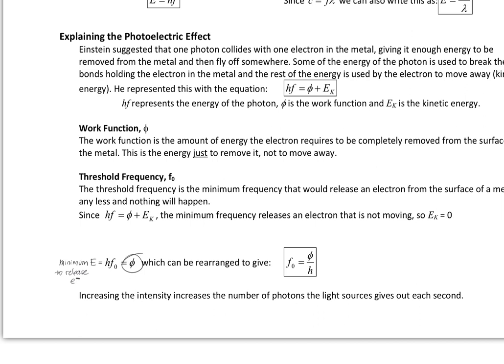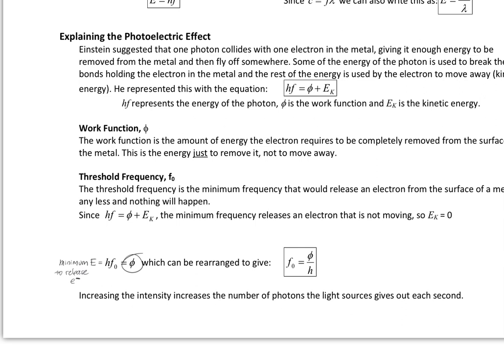So if the work function, hf naught, is the minimum amount of energy to bump the electron off the plate, I didn't say to actually get the electron all the way across the gap from the emission plate to the collection plate. I said just to get it off of the photosensitive surface.